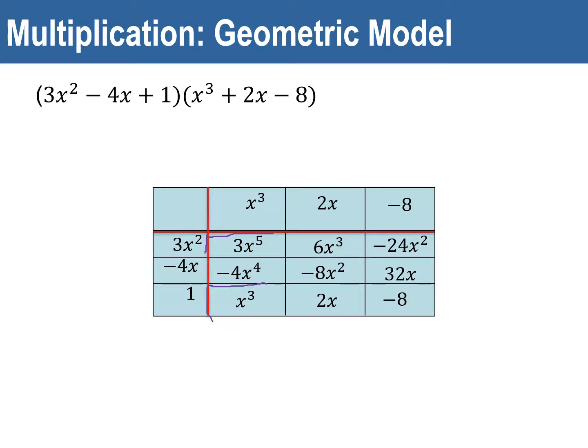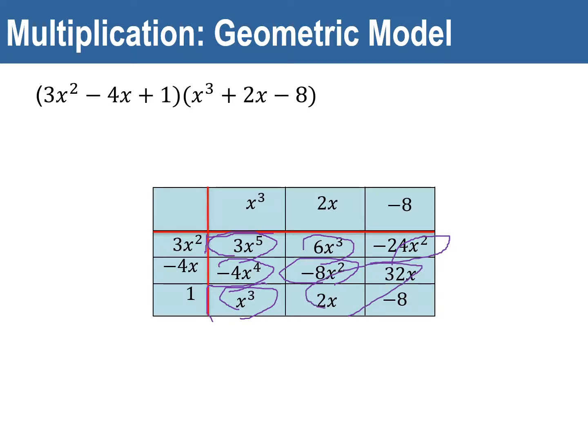And what I like about this model is if you've lined everything up, it's pretty easy to find your common terms. So there are no more x to the 5th. There are no more x to the 4th. Here are my x cubes, so I can add those. Here are my x squares, and then my x terms, and my constant term.